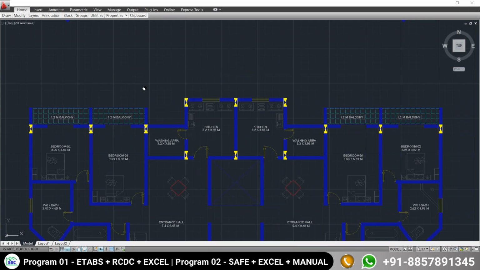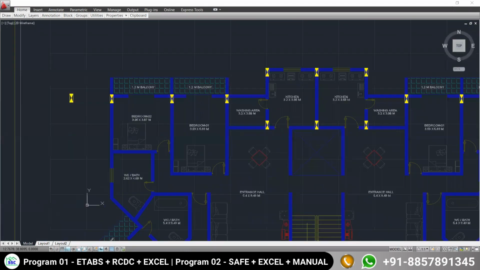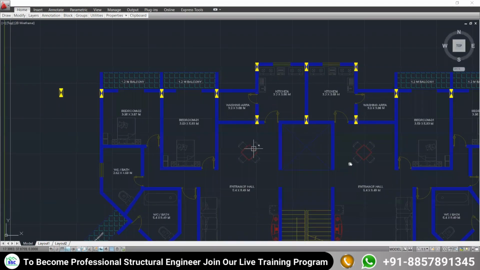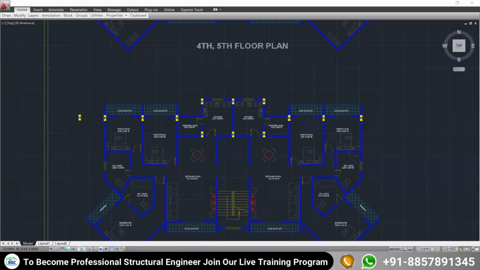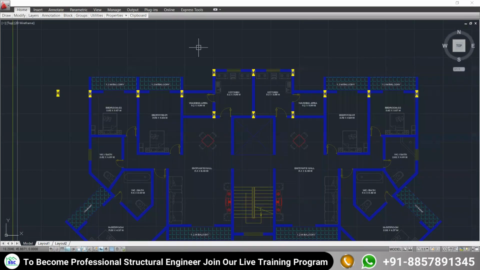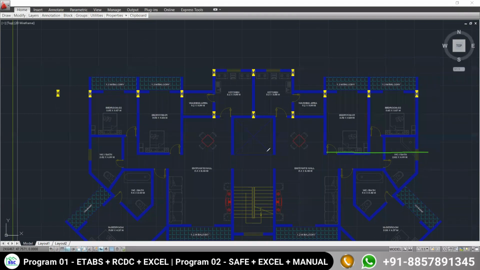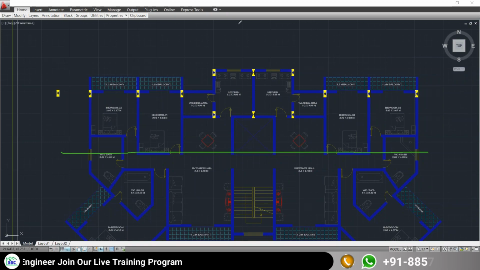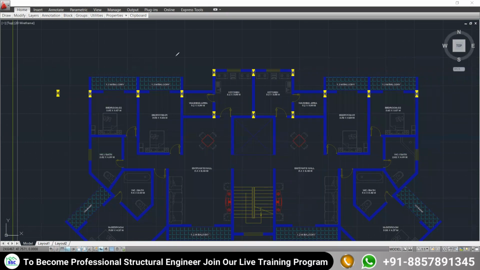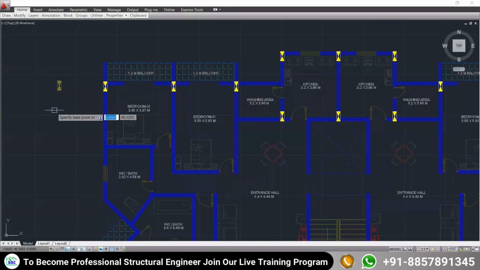Now, what next step would I like to follow? Okay. So the problem for this line, the major line is what? Try to understand. You need to find the line. So this is the line. So what we can do, clear this all.